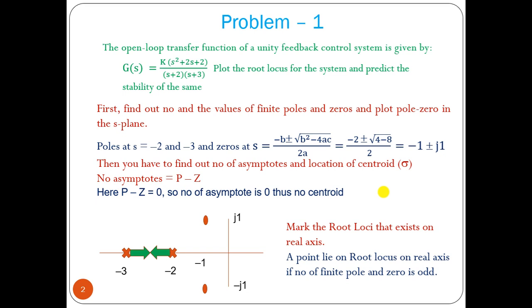And there is another point: if we are given a point, whether that point lies on the root locus or not, we can find out using the angle condition, and the value of gain parameter k we can find out using the magnitude condition.